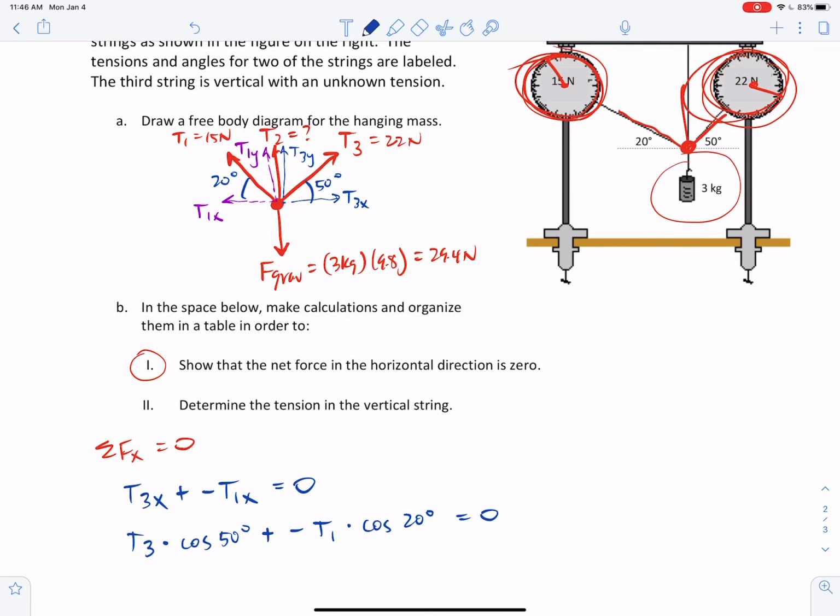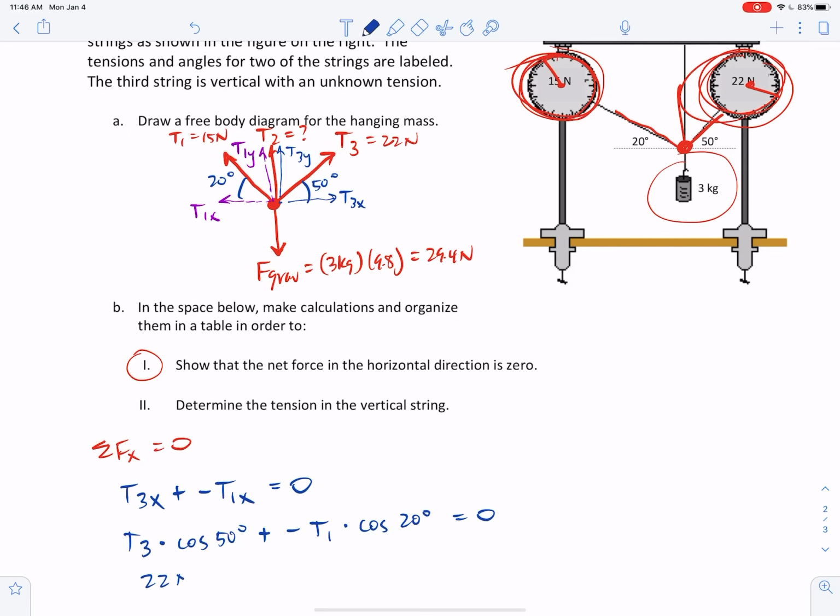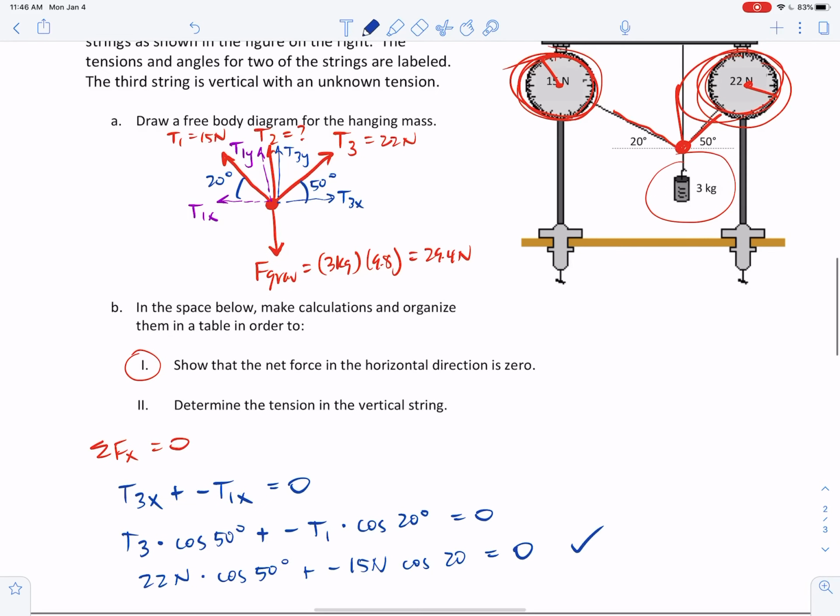T3 is 22 newtons times the cosine of 50, plus T1, which is 15 newtons times the cosine of 20. When I punched it into my calculator and added up, it actually does equal 0. So that checks out.